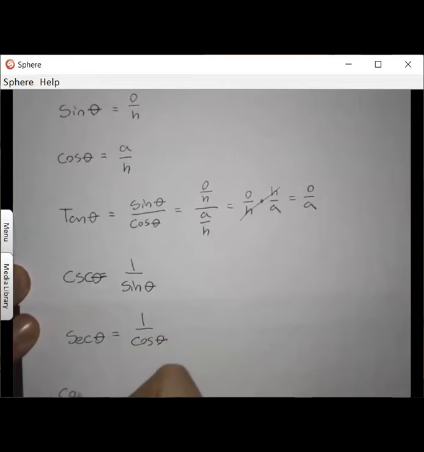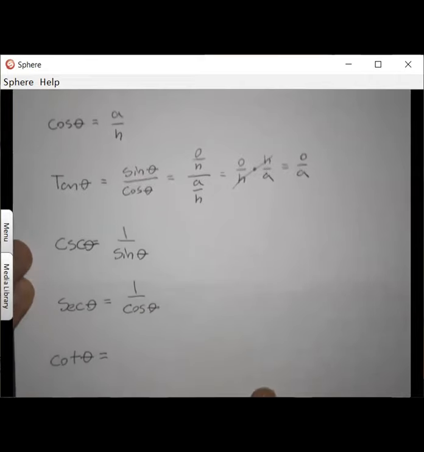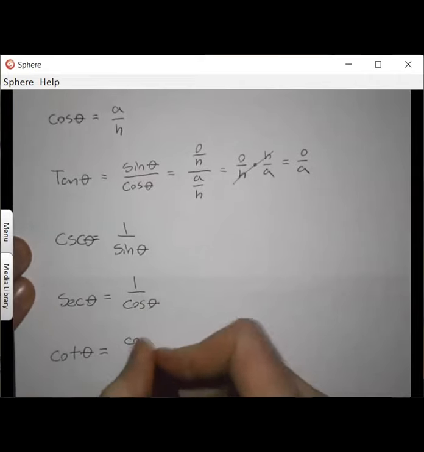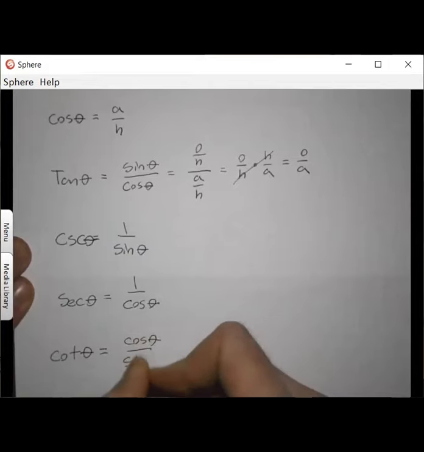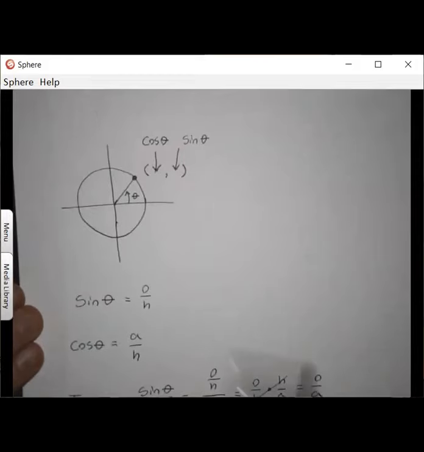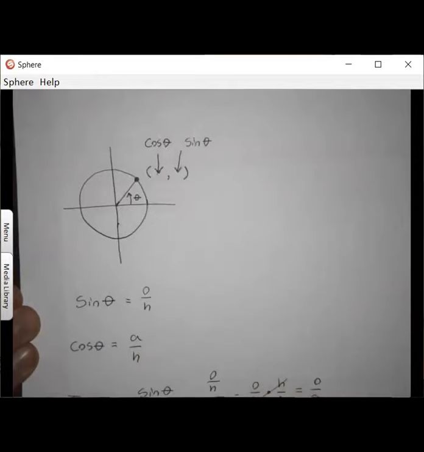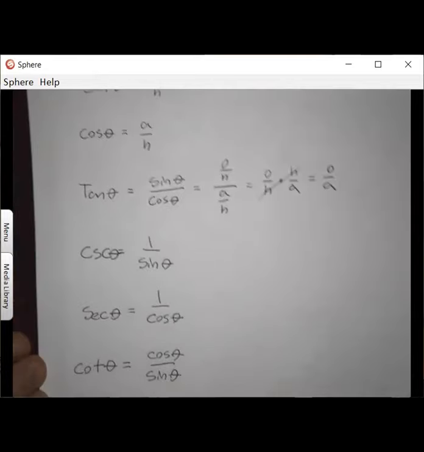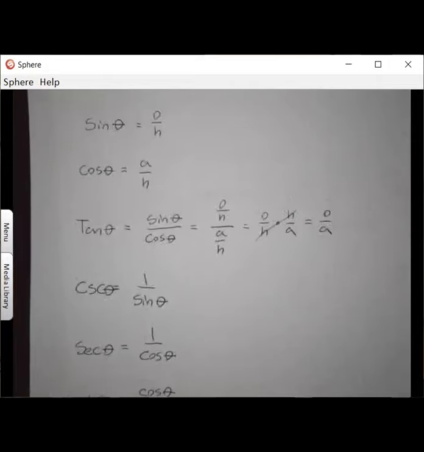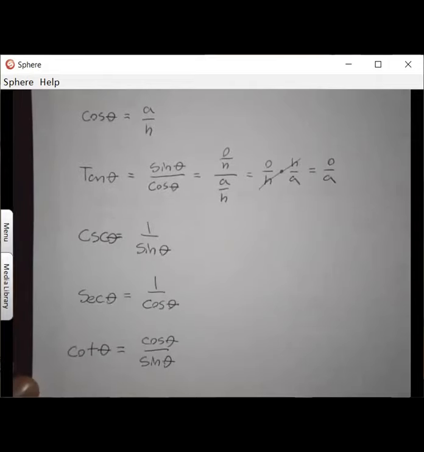And then cotangent theta is the reciprocal of tangent, or cosine theta over sine theta. So if we use finding a nice point, these are cosine and sine, along with these relationships, it's going to make evaluating our trig functions a lot nicer.